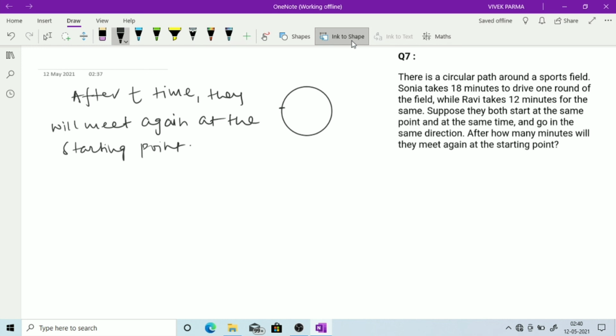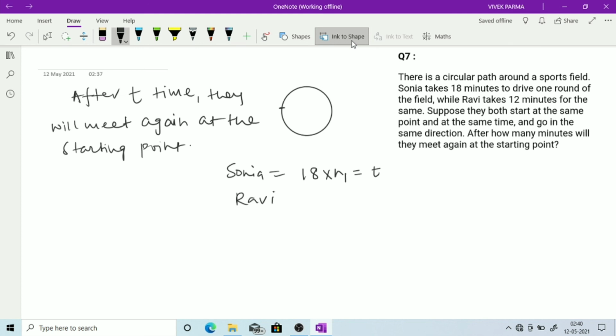So here Sonia is taking 18 minutes, right? So Sonia will take n1 number of rounds to meet again at the starting point after t time, right?